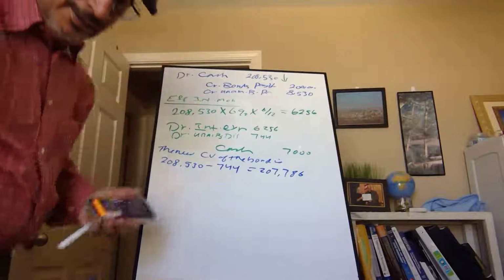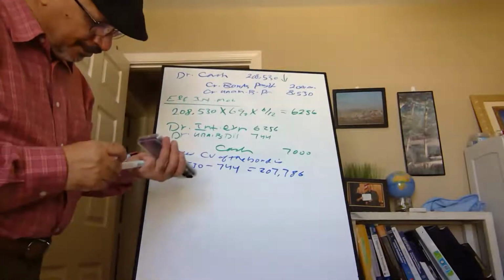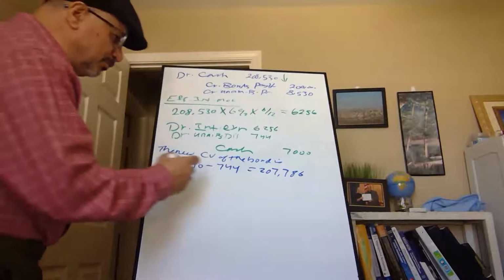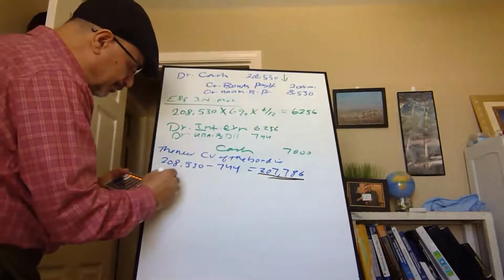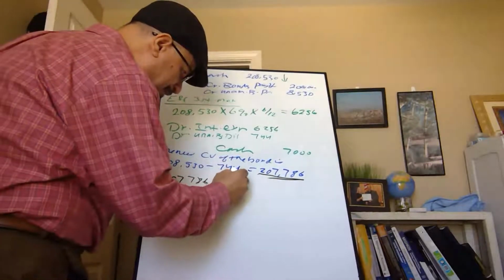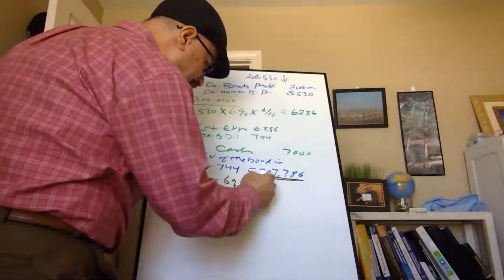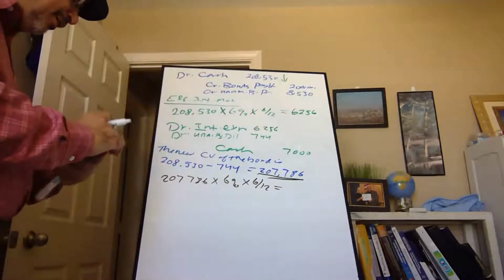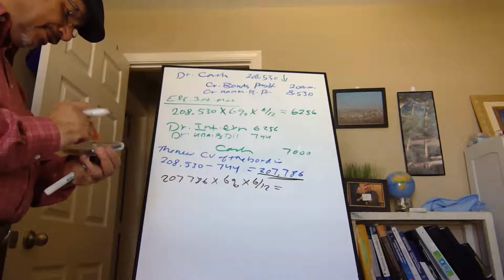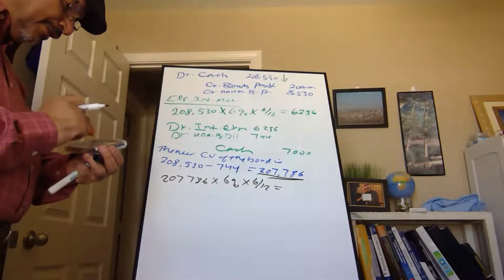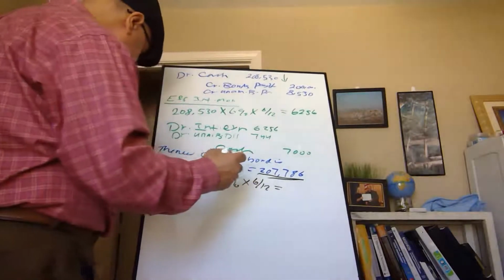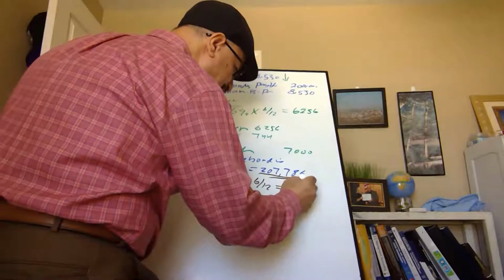And we do like what we did earlier. We multiply this new carrying value, 207,786, times the market interest rate, 6%, times the time, 6/12, because it's every 6 months. 207,786 times 6% times 6 divided by 12 is going to be 6,234.